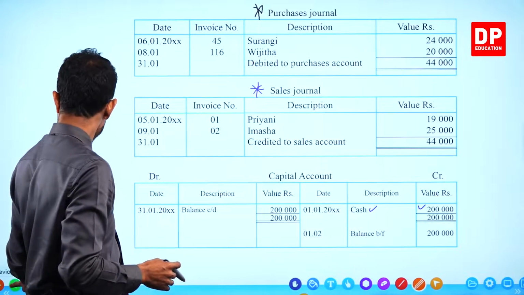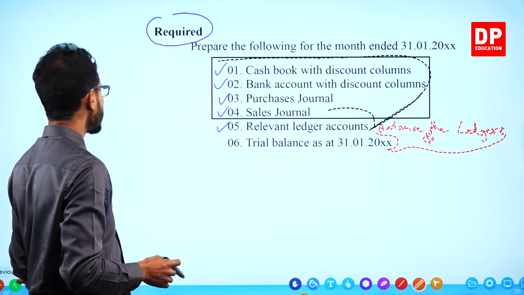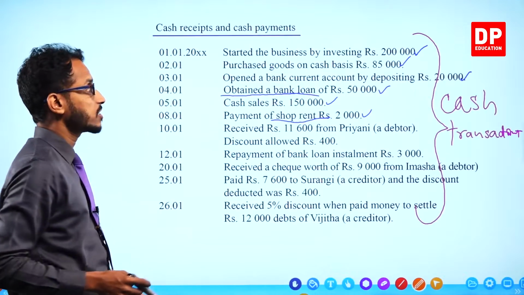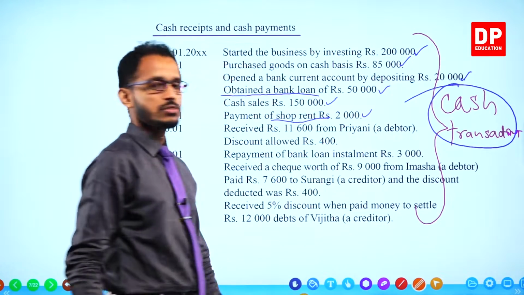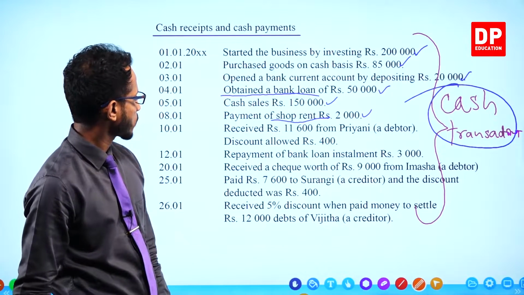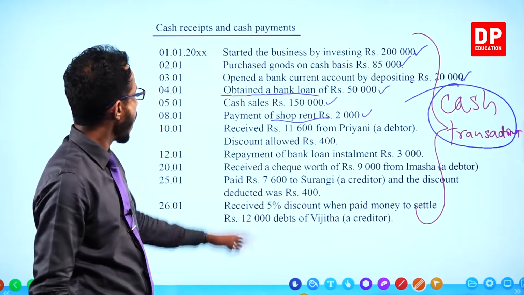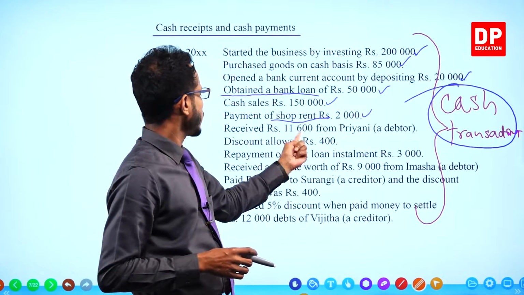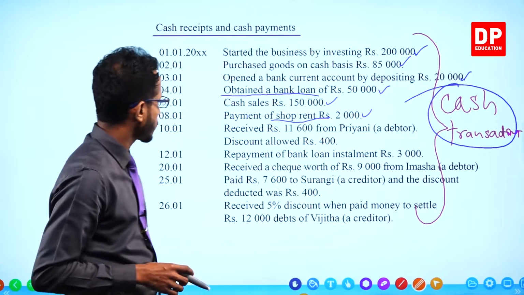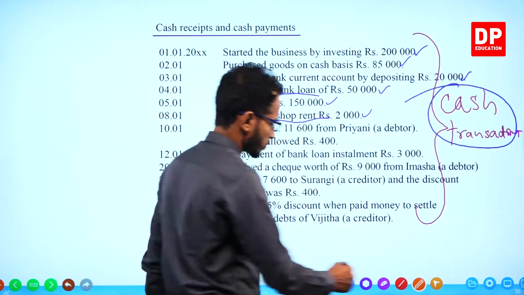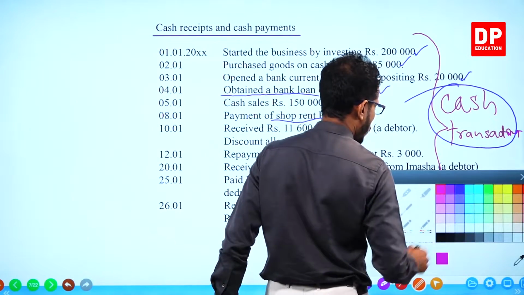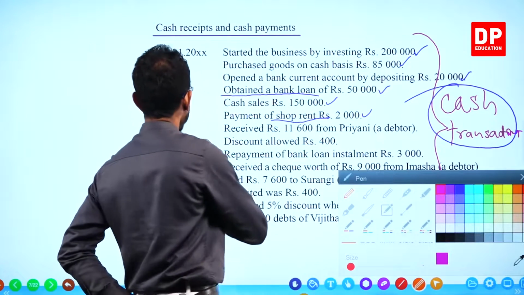Likewise, children, we record the double entries of cash transactions. Okay. All right. Received 11,600 from Priyani, a debtor. Discount allowed 400. Now there's a discount. We should do that.